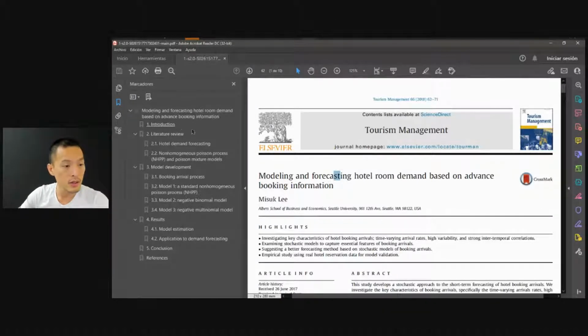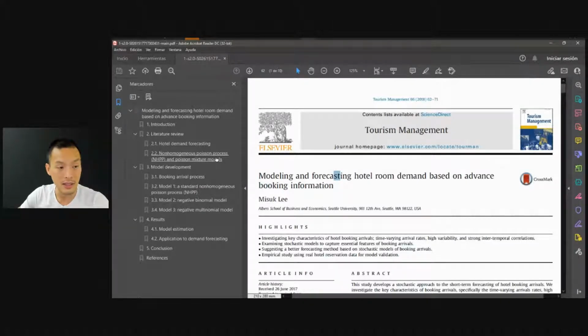Okay, so then you go into the literature review, and in the literature review part, you see hotel demand forecasting, and then you see non-homogeneous Poisson process and Poisson mixture models. At this point, if you're not mathematical, you should go, crap, I will not understand this paper. And you're probably right.